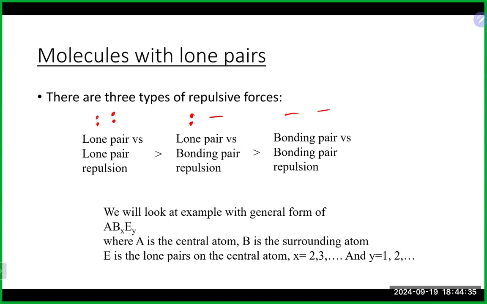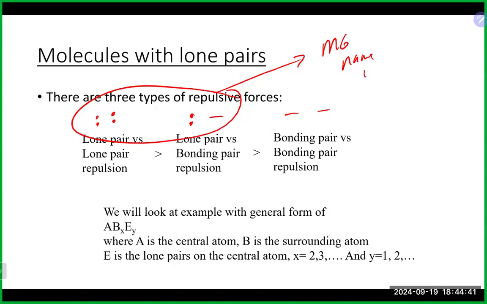Once again, once we start introducing these guys, the molecular geometry name will change. Once again, the electron pair geometry will still be the same regardless of how many electrons you have. So let's take a look at some of these here for fun.